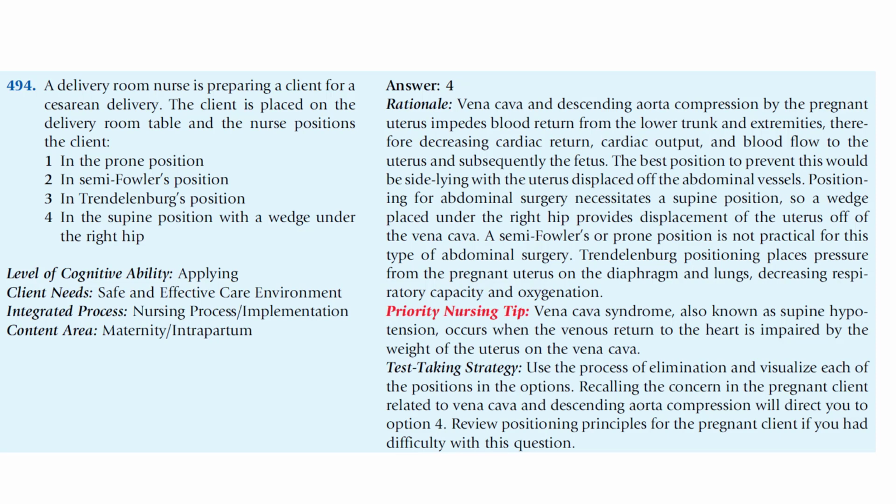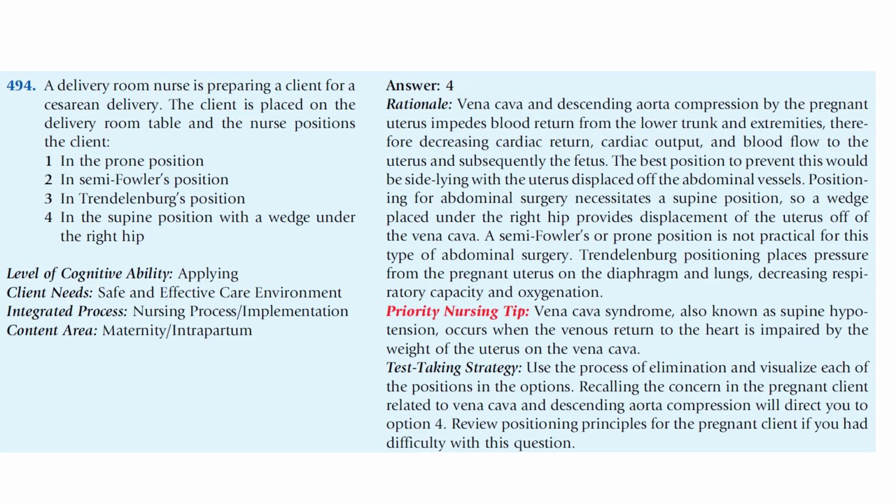Answer 4. Rationale: vena cava and descending aortic compression by the pregnant uterus impedes blood return from the lower trunk and extremities, therefore decreasing cardiac return, cardiac output, and blood flow to the uterus and subsequently the fetus. The best position to prevent this would be side-lying with the uterus displaced off the abdominal vessels.